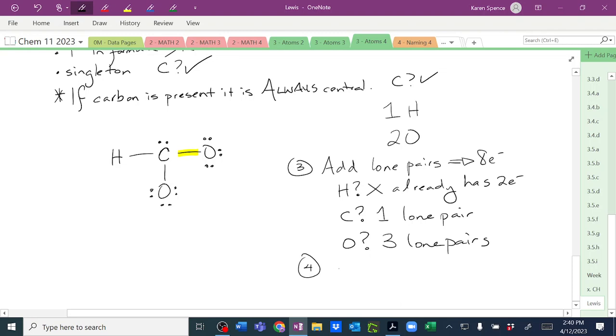Step number 4, we're going to count and check. So we have 2, 4, 6 in the bonds, 8, 10, 12, 14, 16, 18, 20.